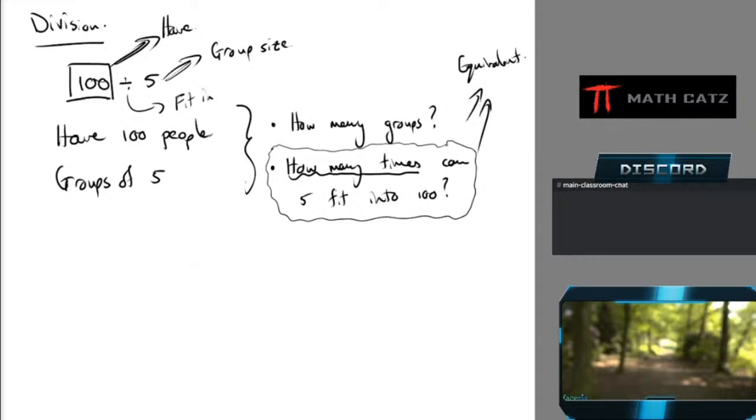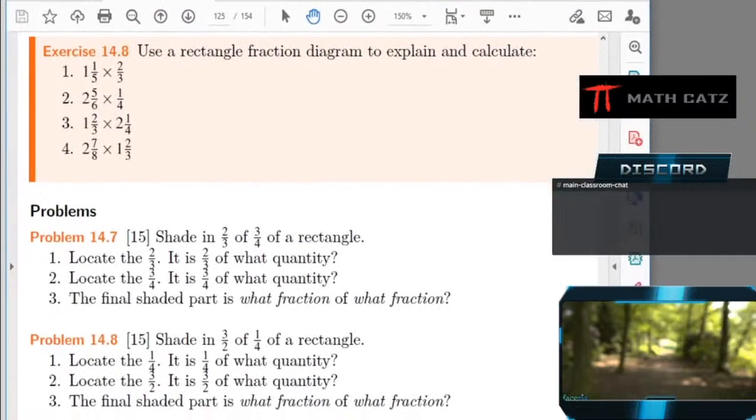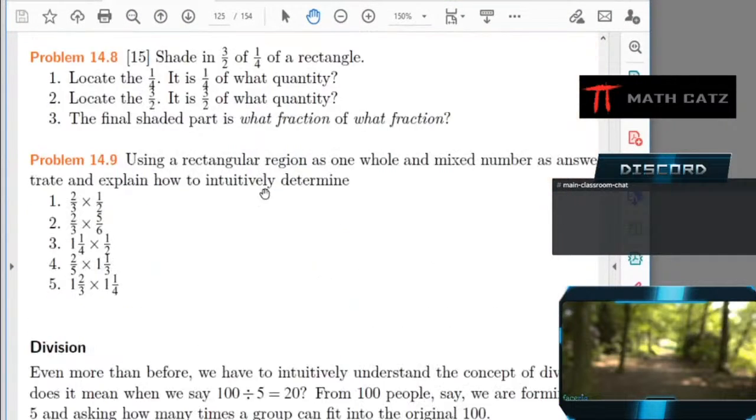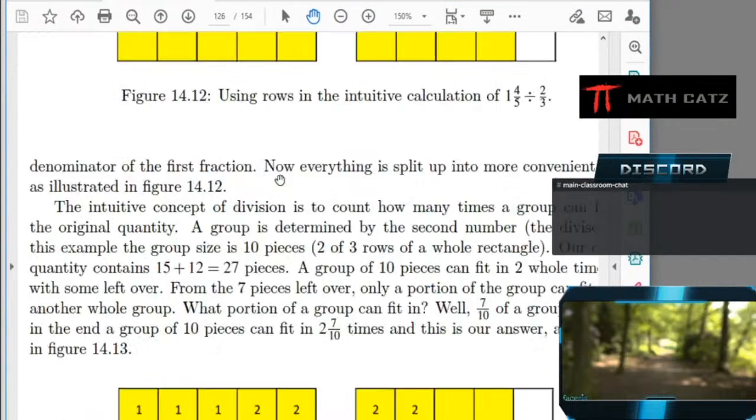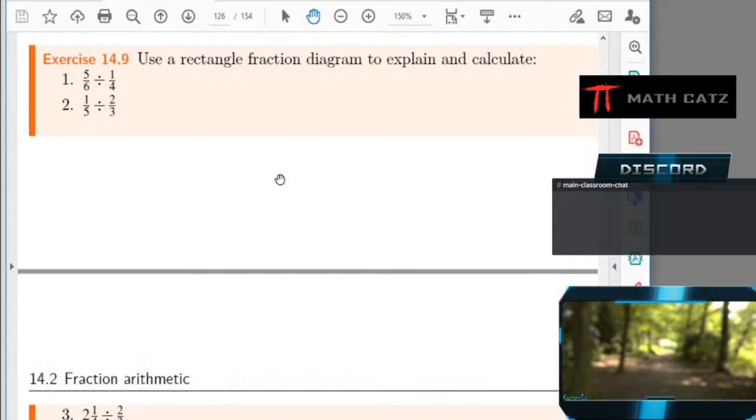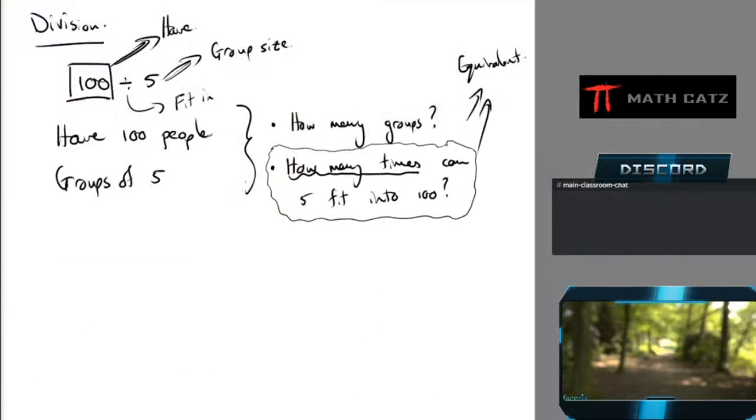So let's go and find an example to do that. Division, division. There we go. 14/9. Of course, we'll do one example today and finish it up tomorrow, but we can at least start.